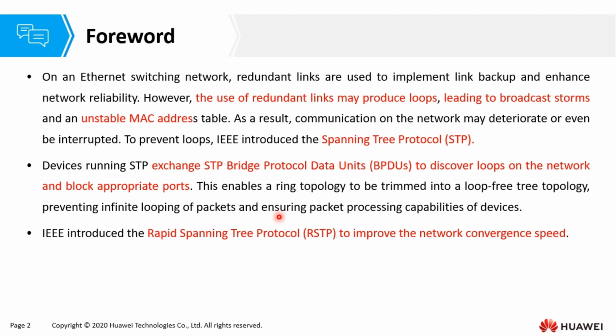Later on, we will see how we select which port to block as an alternate or backup port, in order to avoid loops and the broadcast storm in a layer 2 local area network. At the same time, we will see how the rapid spanning tree protocol solves problems and improves the performance of the STP protocol.